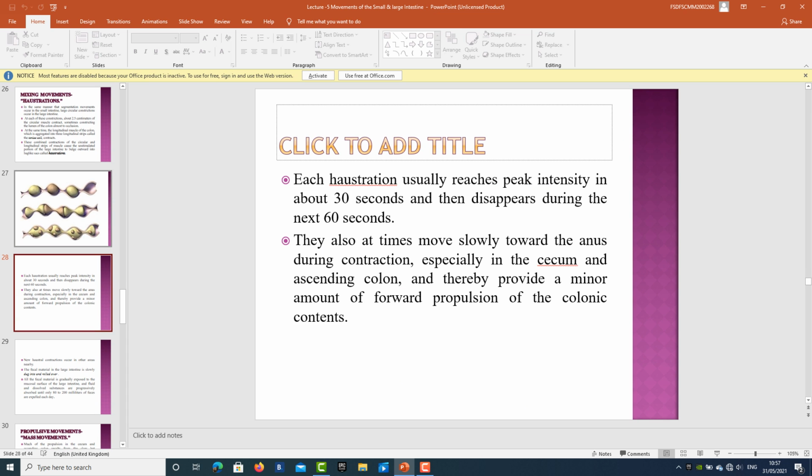See, each haustration usually reaches peak intensity in about 30 seconds, and later it disappears during the next 60 seconds. At times they also move slowly toward the anus during contraction, especially in the cecum and ascending colon, thereby providing a minor amount of forward propulsion of colonic contents.